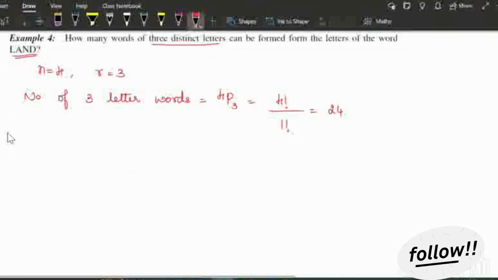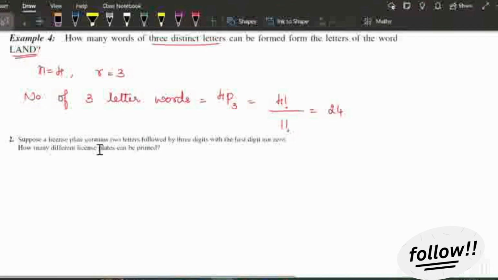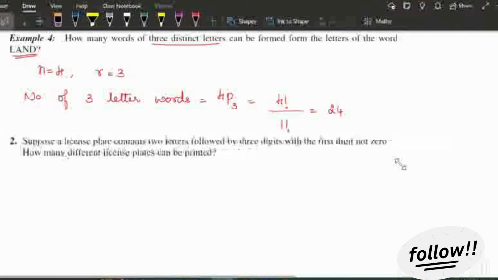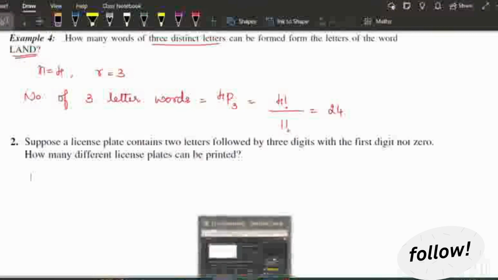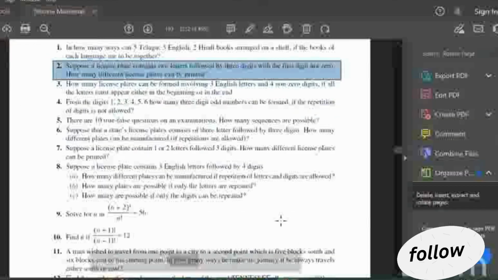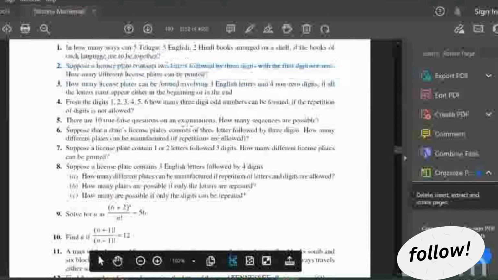Now let us solve the next question. Suppose a license plate contains two letters followed by three digits with first digit not 0. How many different license plates can be printed? I think there is another version of this question.